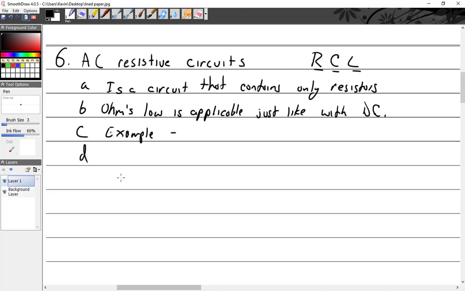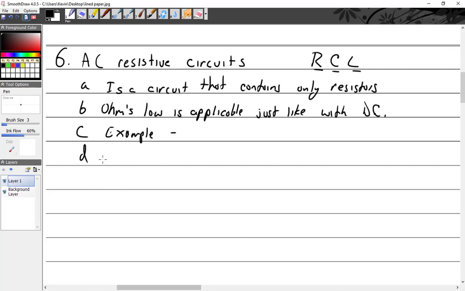I had one where it was 110 volts RMS AC power supplying two parallel resistors of 10 ohms each. What's the total resistance of two 10 ohm resistors in parallel? 5 ohms. All right. So you should be able to figure out everything from there. So anyway, we're just moving on from there.